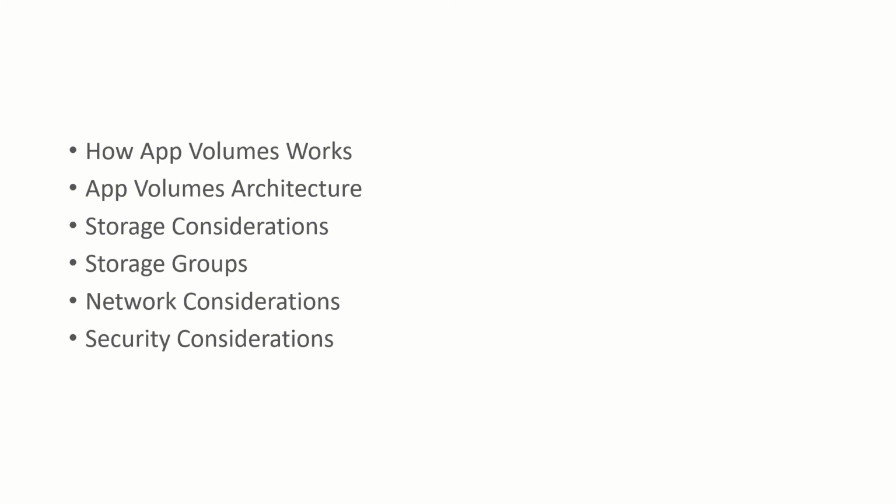They were called AppStacks earlier in App Volumes 2.x. These are the name changes that happened in the latest version. One or more packages are assigned to an application, and it is at the application level that you assign the packages to desktops through user, group, or computer assignments.